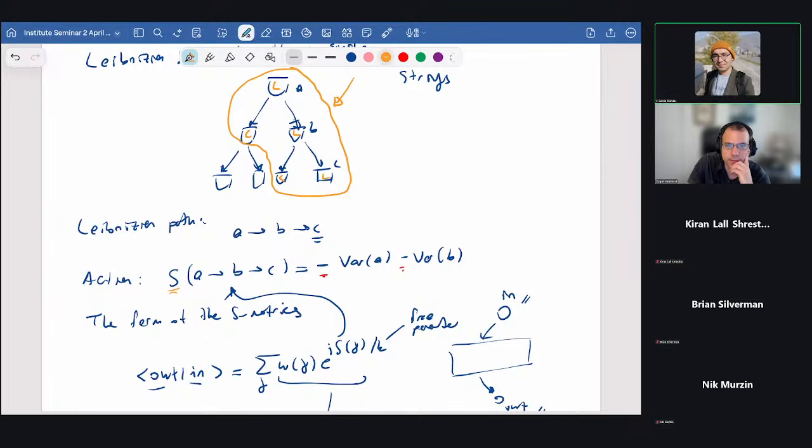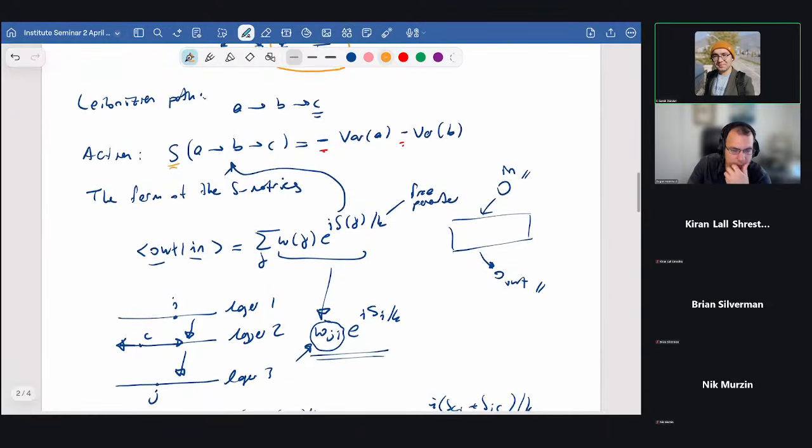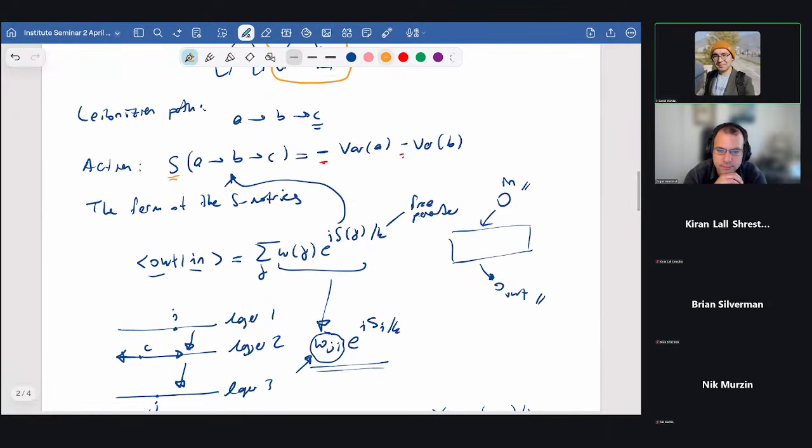So once we have an action on a path, we can consider something like a discrete path integral, where we use this action multiplied by the imaginary number i as an exponent, as the phase of each contribution to the transition element.